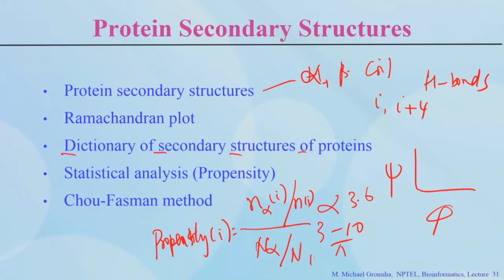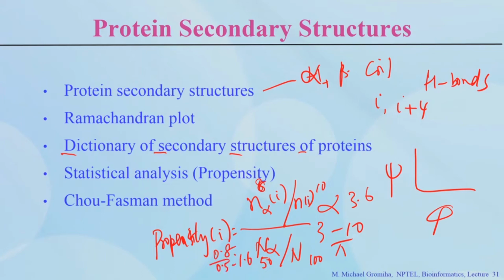With 100 residues, and 50 residues in helix, right, and alanine, if there are 10 alanines and 7 or 8 are in helix, right, what is the propensity? 0.8 by 0.5, this is equal to 1.6.